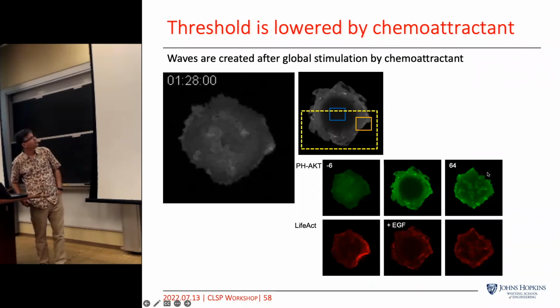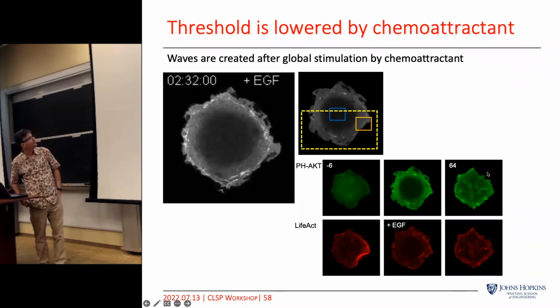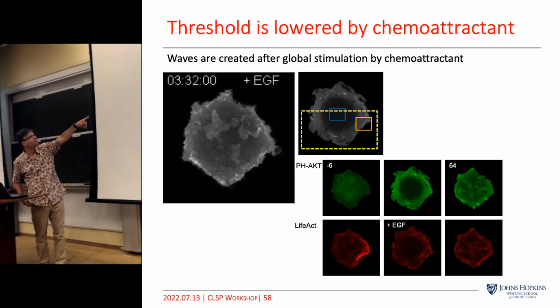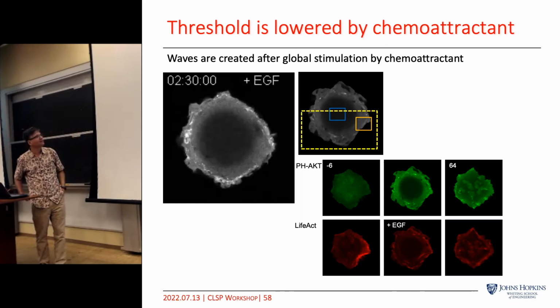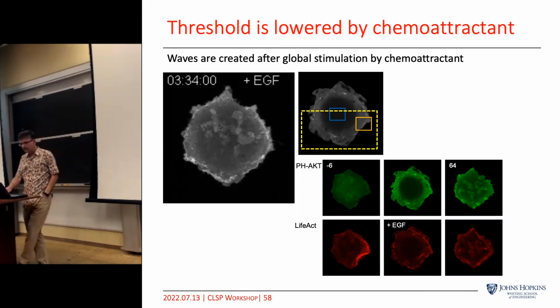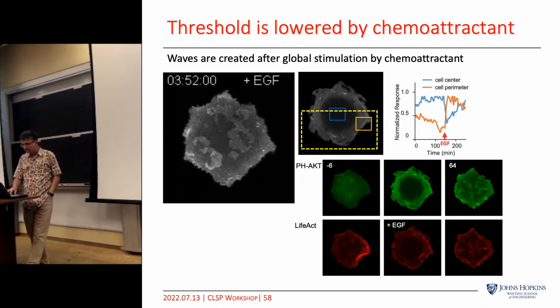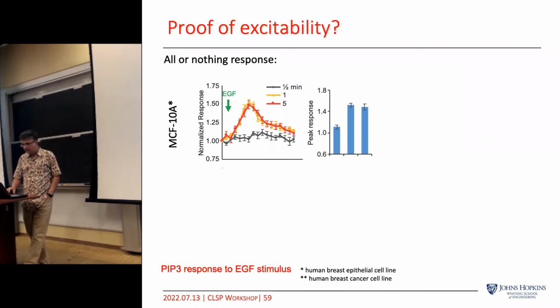So this will be really clear here. You see that after we added epidermal growth factor, the whole thing becomes super active. You get a dramatic change for that. What else?